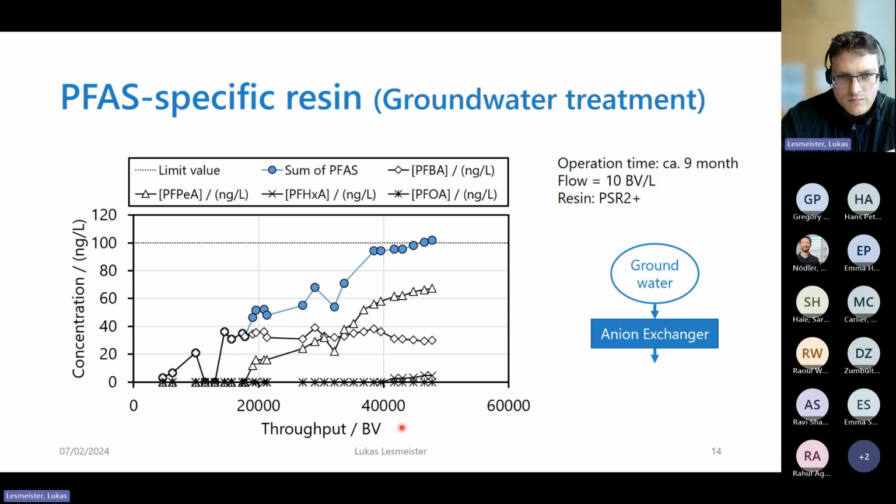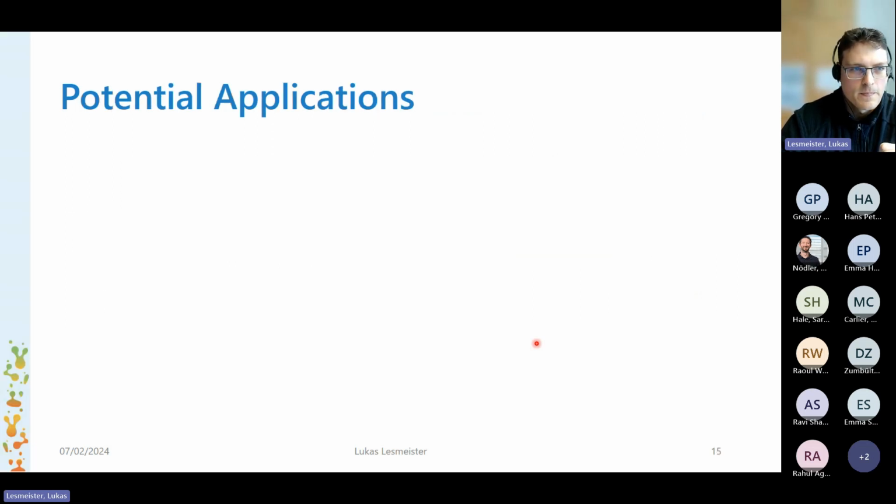And the flow rate is also twice as high as for the activated carbon. So there is really some potential in these resins as an alternative. But in the end, we have to see if it's also cost effective. And this is something we want to find out during ZeroPM.